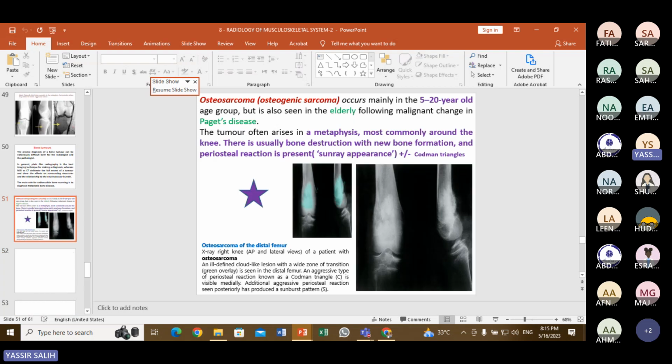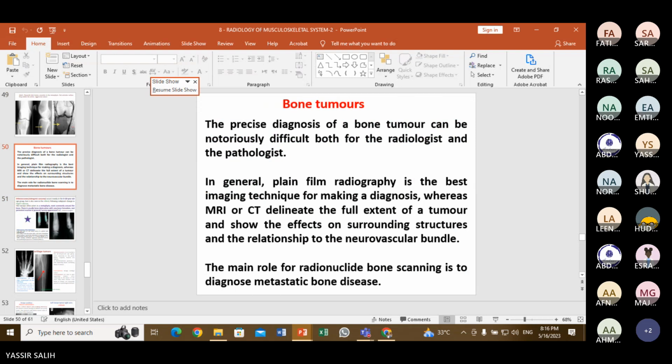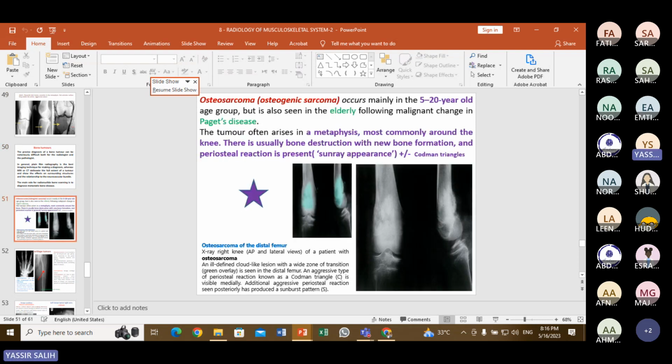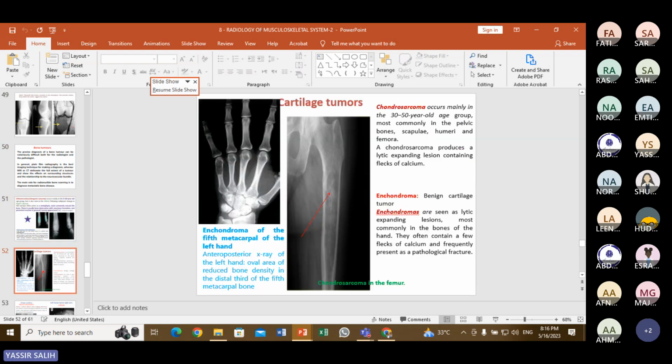What is the most likely diagnosis? Metaphyseal, around the knee, destruction of bone, periosteal reaction, sun ray appearance or Codman triangles: osteogenic sarcoma.